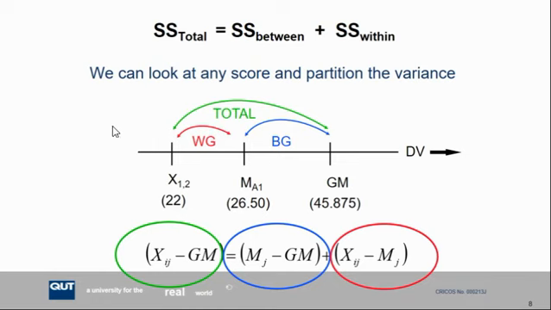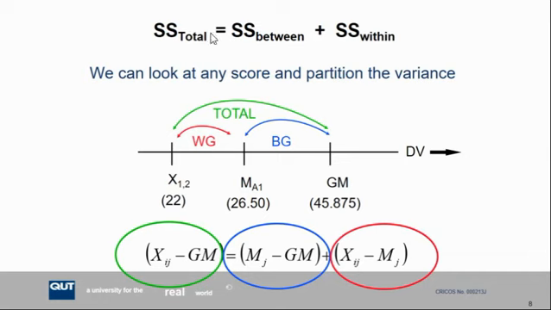So we can look at any score and partition out the variance. Okay, this little person here didn't score, or the distance, or the reason that they didn't score exactly the same as the grand mean is in part due to individual differences and in part due to the condition that they were in. Yeah?